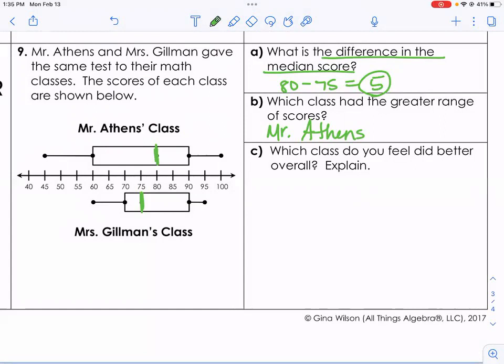So let's talk about your homework that you can get started in these last few minutes of class. We have pages 8 and 9. I will let you cross off 1 from page 8. Page 9 is going to go super fast because it's just telling me to look at the box and whisker plot and answer a question.